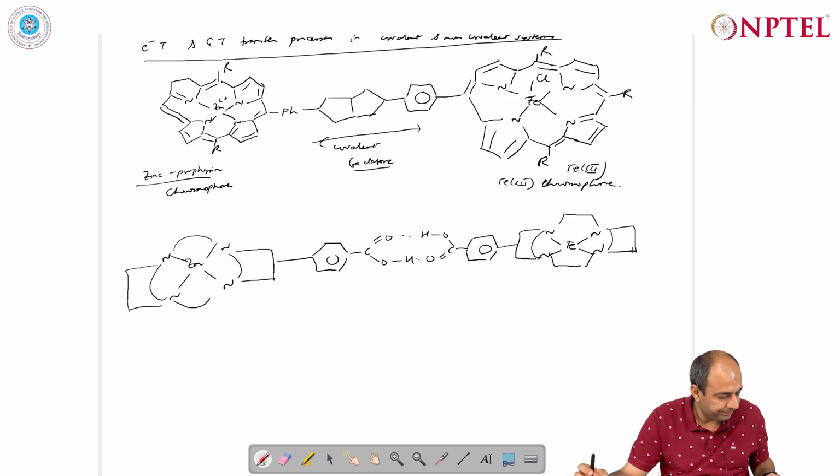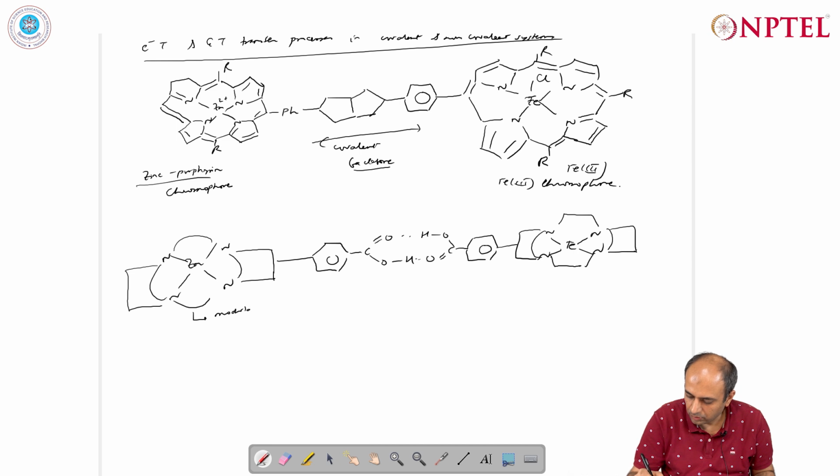So they are non-covalent interactions, purely hydrogen bonded, and these are modular components.